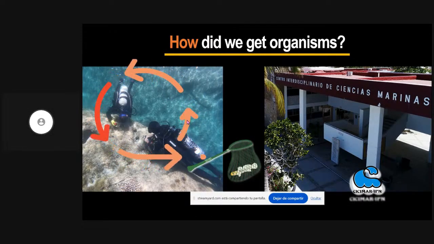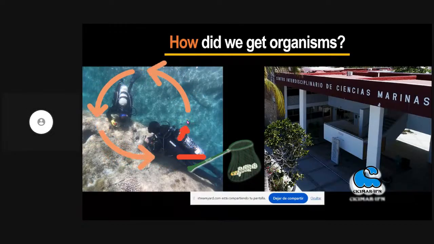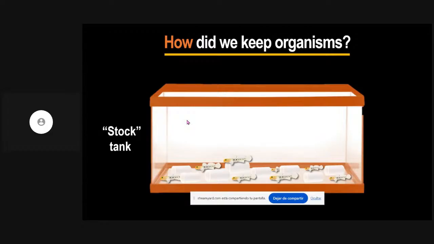By scuba diving, individuals were captured using hand nets and then transported to Sisimar IPN. All the individuals captured were maintained in a stock tank for a few days for acclimatization and prophylactic treatments.